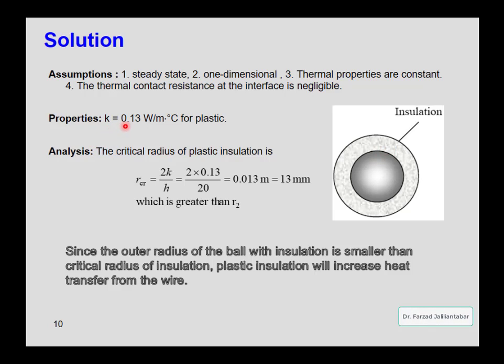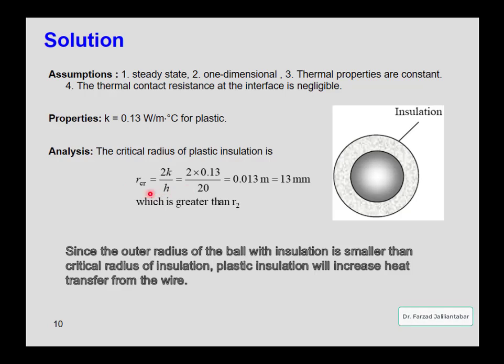Also, we know that the thermal conductivity of the plastic around the ball is 0.13 watt per meter degree Celsius. Then we can calculate the critical radius of plastic insulation, which is a spherical one, by this equation.